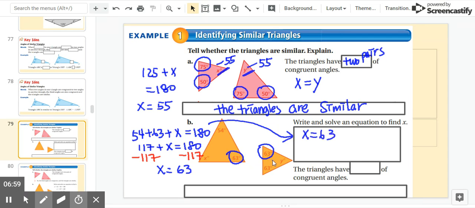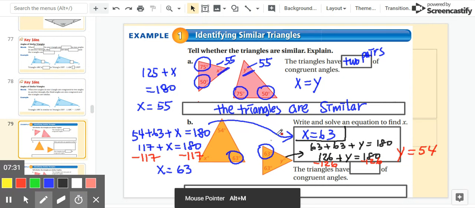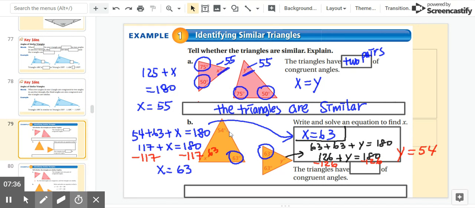What about here? I'm going to write the equation here. I just found x, 63, and 180. This is 126 plus y is equal to 180. Minus 126, minus 126. So y is equal to 54. So we have 63, 63, 54.